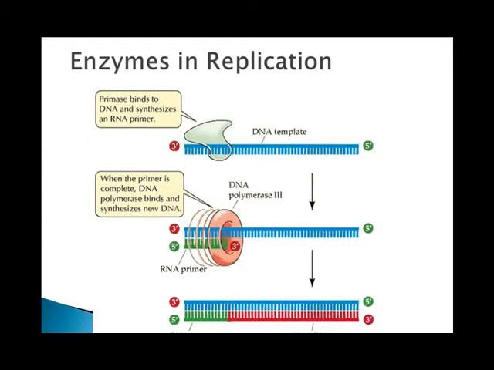The unwinding process requires many different types of enzymes. Primase is one enzyme that helps the process get started. DNA polymerase assembles the nucleotides into new strands. Polymerase also proofreads the finished strands and fixes any mismatches using the help of other enzymes.